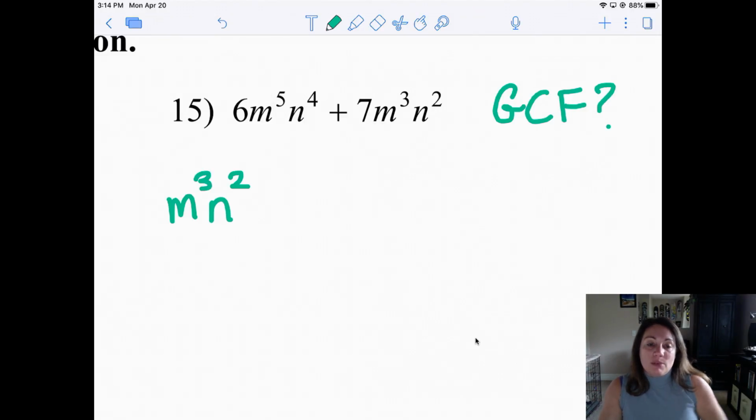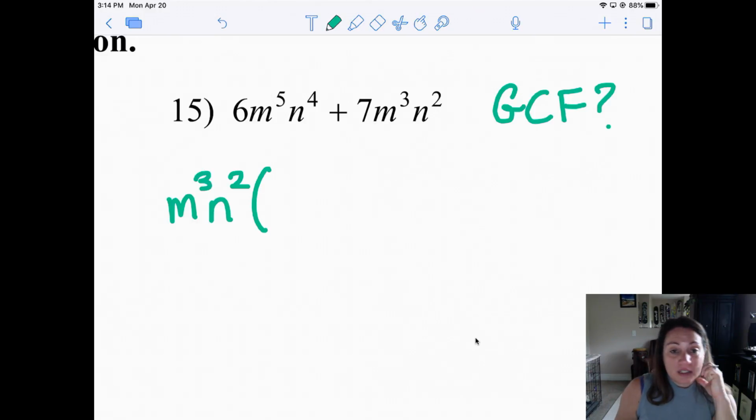My job is to factor that out and then write this polynomial as a product of the GCF and the two terms that would get me back to the original 6m to the 5th n to the 4th plus 7m cubed n squared. Well, this m cubed n squared, in order to get me back to 6m to the 5th n to the 4th, I'm saying, what would I have to multiply it by?